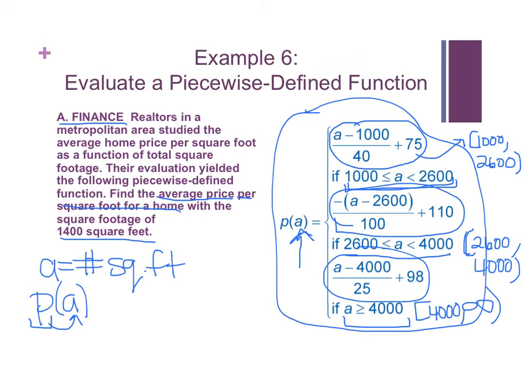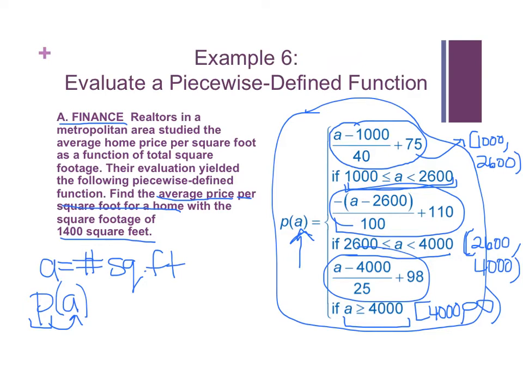Now, if you know anything about homes, the bigger the house, probably the more money it costs, depending on the condition it is in. So therefore, as area increases, price is also going to increase. That's what generally happens.